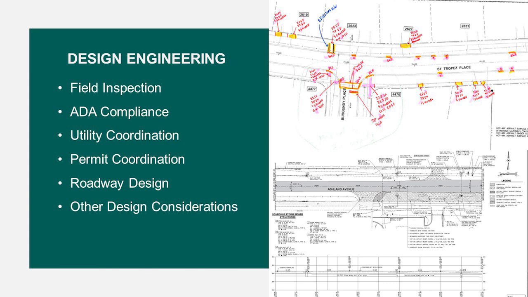One of the first tasks that we do, our designer or maybe two get their vests on and head out to the field. We go and check for conditions of the pavement, areas where there might be potential patching that's needed. We also look for areas of curb and gutter removal and replacement, and also sidewalk removal and replacement.